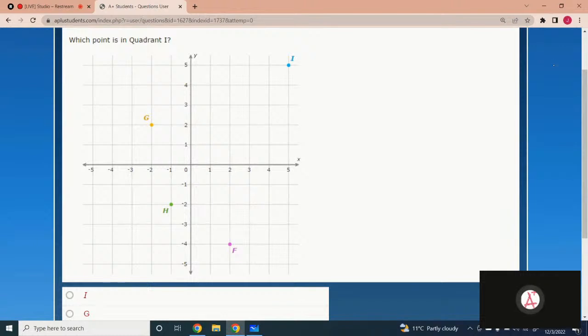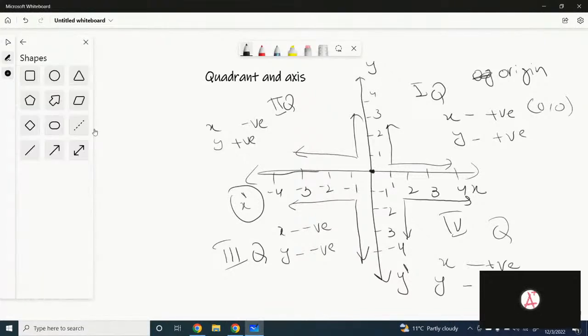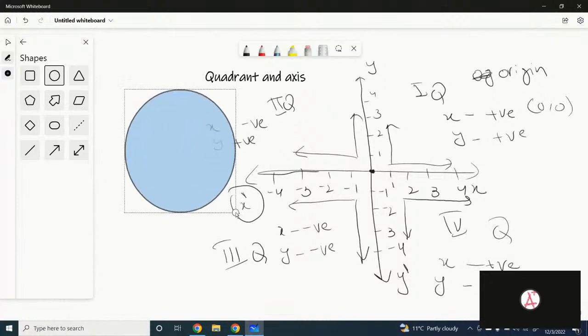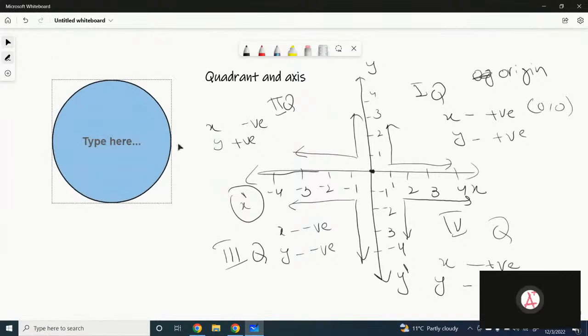Okay, counterclockwise means the opposite direction to the clock, because the clock moves like this. If this is the clock, it would be like this: 12, 3, 6, and 9.